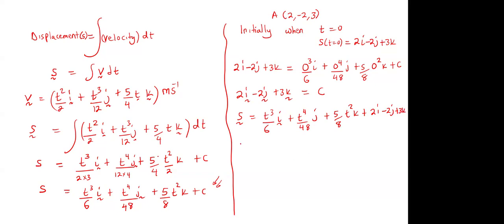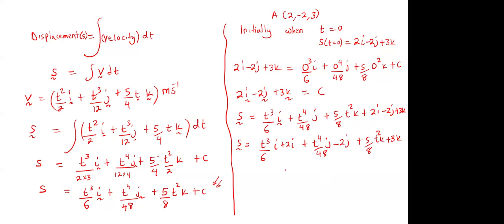Now, as a student, you can collect like terms: i and i, j and j, then k and k. So I'm going to say t cubed over 6 i plus the 2i, I first bring them together, plus t to the power 4 over 48 j minus the 2j, then plus 5 over 8 t squared k plus the 3k.